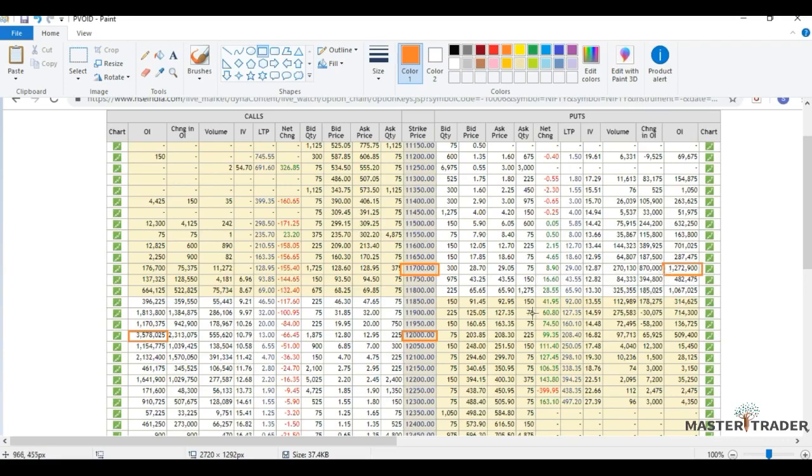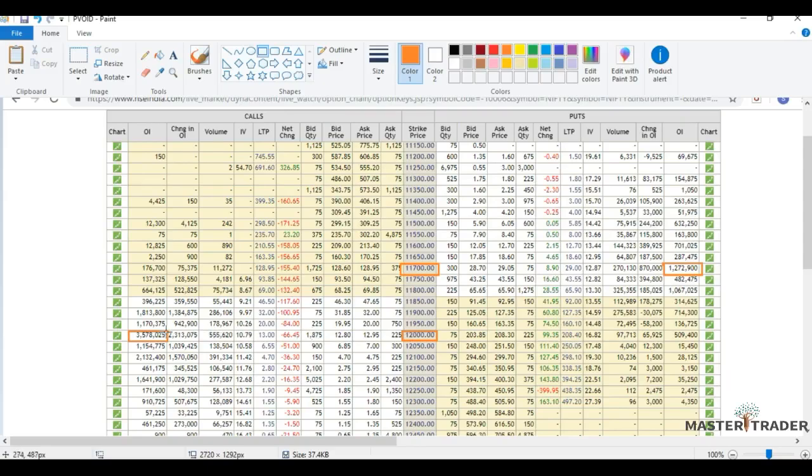Now, vice versa, same thing on the call side. If we come to the call side and see that the highest open interest buildup was at the 12,000 strike price, of 35 lakh contracts, and if this is sellers' data, that means 35 lakh contracts have been written at this 12,000 strike price.